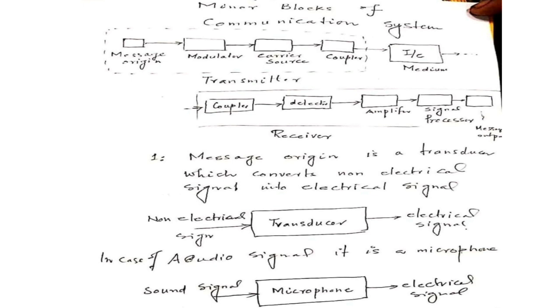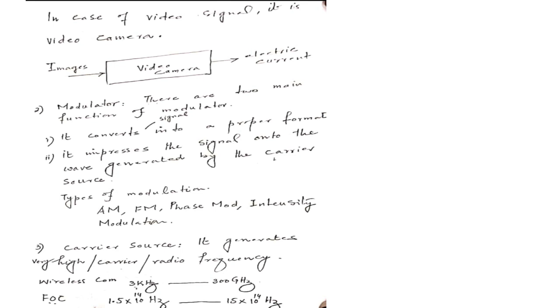It will convert the sound wave into electric current. If we want to transmit the video signal with the help of a communication system, then the transducer will be a video camera, and the video camera will convert images into electric currents.